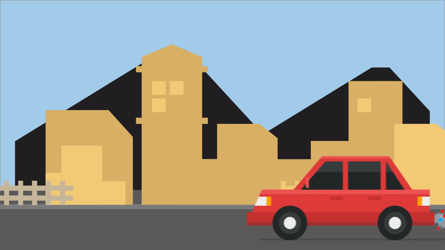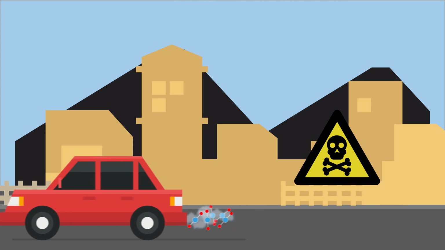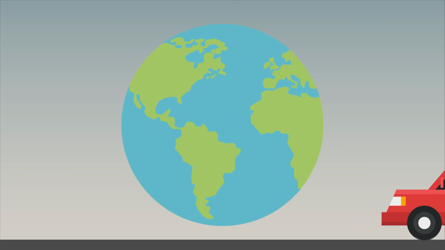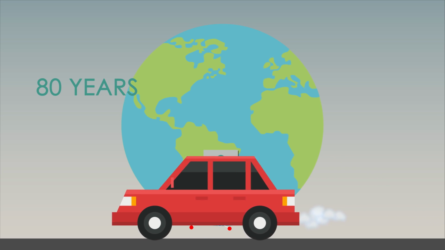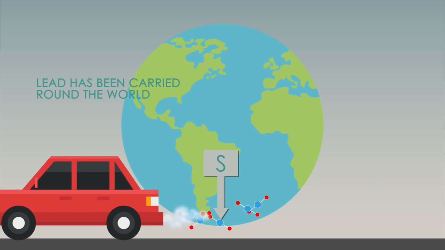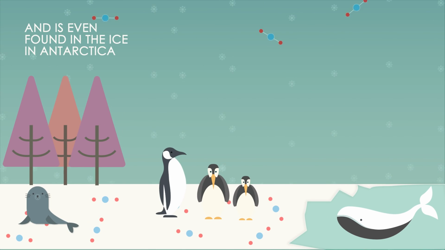This comes out of the exhaust pipe as a fine dust and is very toxic. It has taken us until this 21st century to get rid of all the lead in petrol globally. But for 80 years, lead from car exhausts has been carried around the world and is even found in the ice in Antarctica.